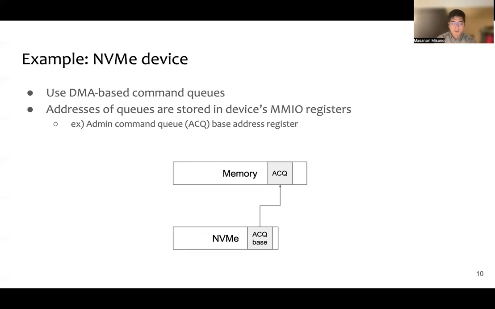The address of the ACQ is stored in the ACQ base address register, and the ACQ base address register is in the NVMe's MMIO region. Therefore, by consulting the ACQ base address register, the hypervisor can detect the DMA region that is used by NVMe and NVMe device drivers.